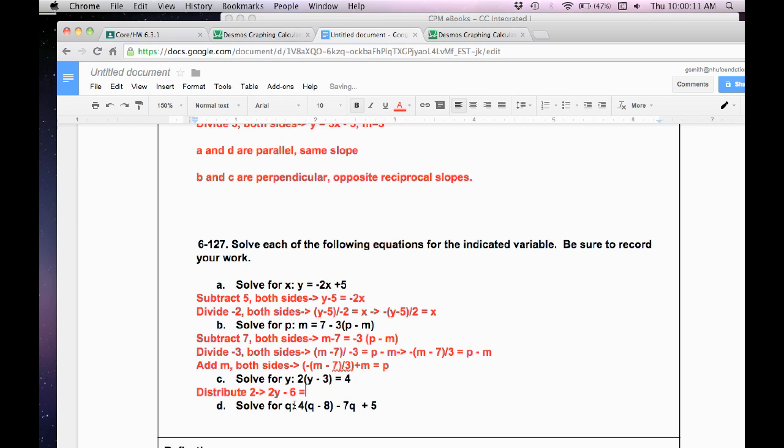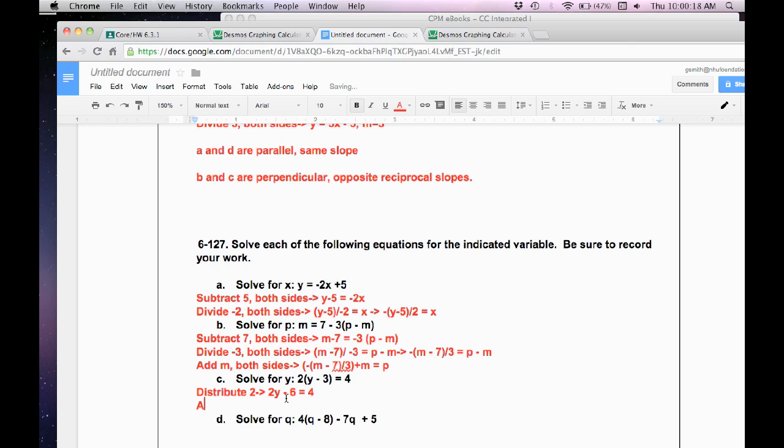And that will be equal to 4. Okay, now I got to add 6 to both sides. This one's going to be easy. Add 6 both sides.